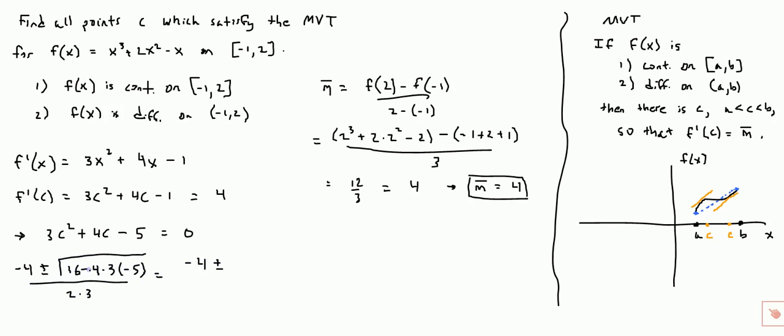Negative signs turn to a plus. That's going to be plus 60, so plus or minus square root of 76, divided by 2 times 3. That's going to be negative 4 plus or minus the square root of 4 times 19, divided by 2 times 3.